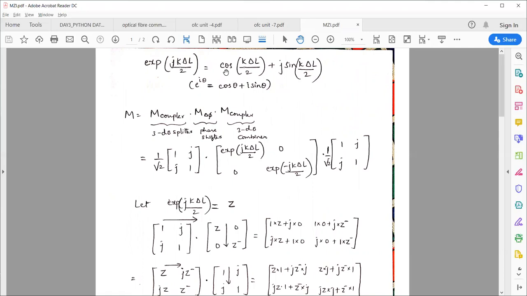In terms of complex numbers, you can write e to the i theta as cos theta plus i sin theta. The same rule is applied here, where exponential of jk delta L by 2 is cos k delta L by 2 plus j sin k delta L by 2. So I'm just replacing theta with k delta L by 2, applying the trigonometric equation for a complex number.